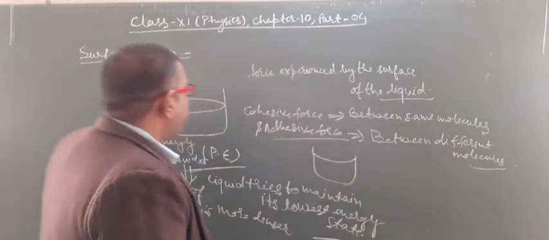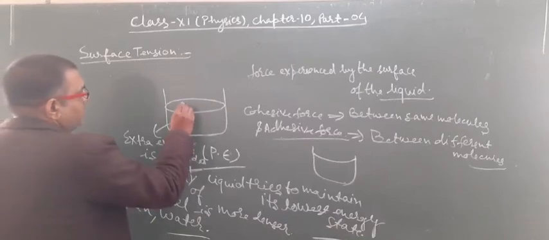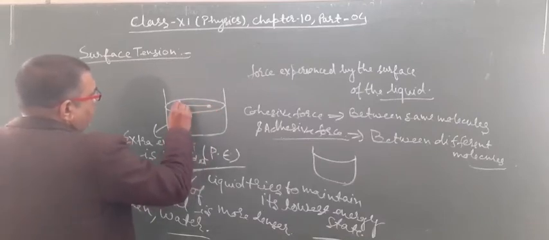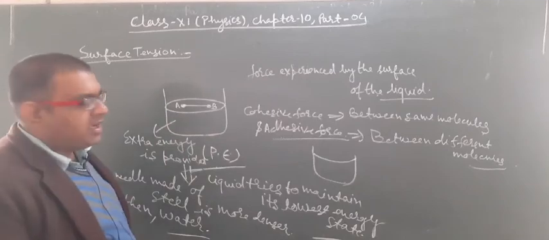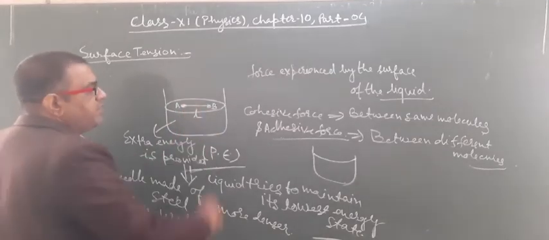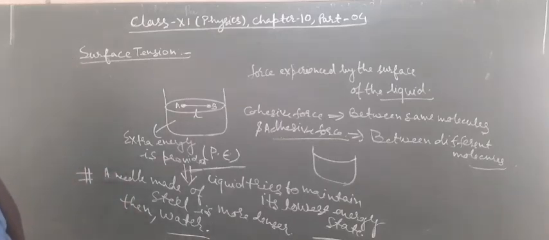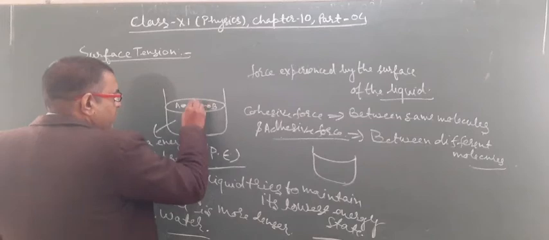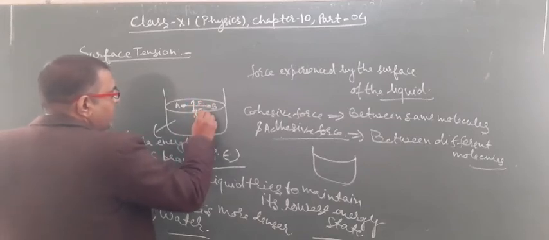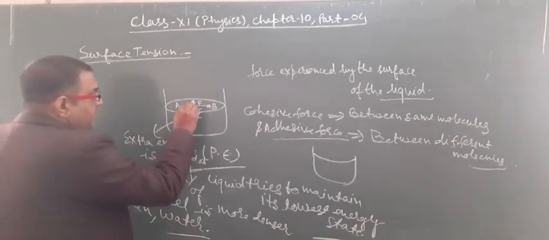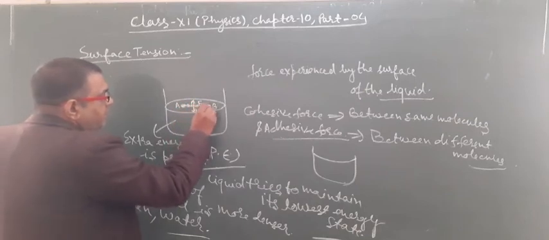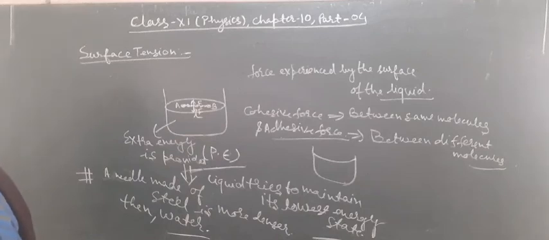So surface tension is the property. Suppose there are 2 points on the surface, A and B, and we join them with a line of length L. Then whatever the perpendicular forces acting on this line, whatever forces the molecules at this line are experiencing, that force is directly proportional to the length.